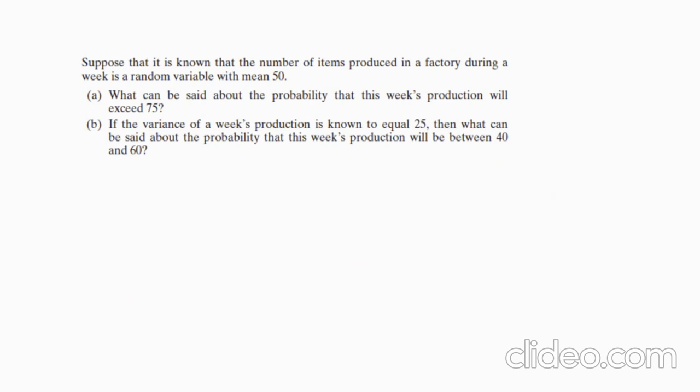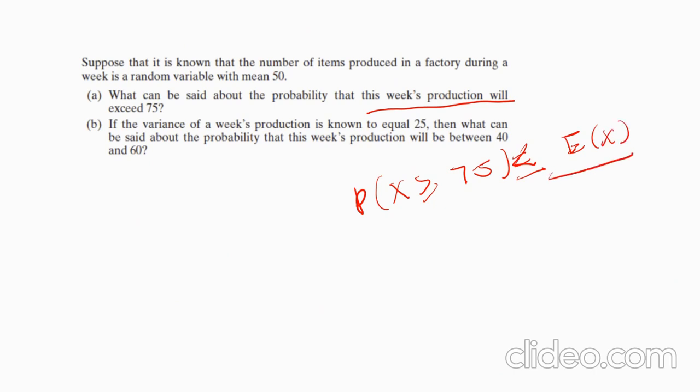So the probability of x greater than 75 is at most the expectation of x divided by 75. So it will be 50 upon 75, which is 2 by 3.